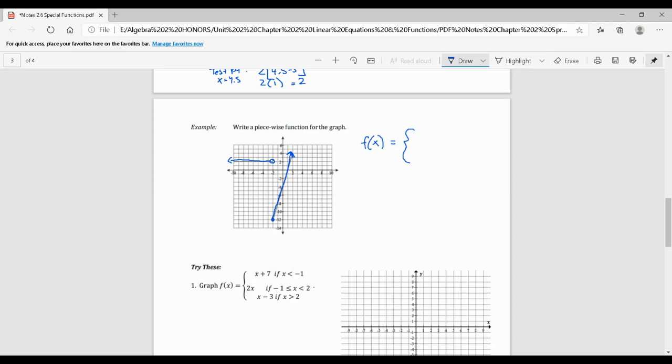Remember, horizontal lines are always in the form of y equals some constant. So let's look at this. What is my y that's being constant? If we look at that y value, it's 2. So f of x, y equals 2 for this piece. We'll figure out the restrictions afterwards.